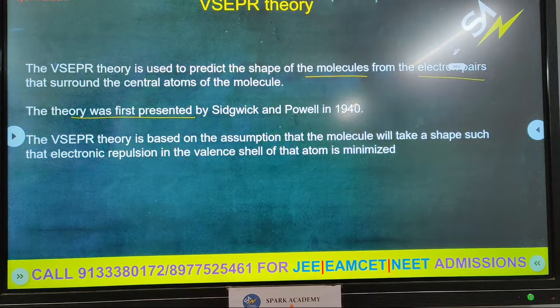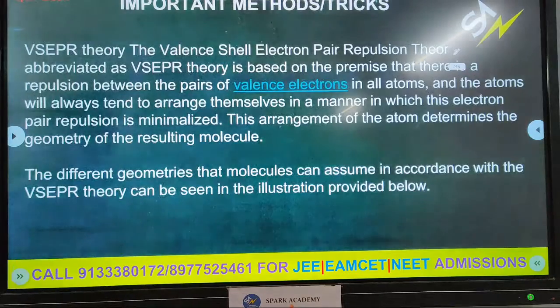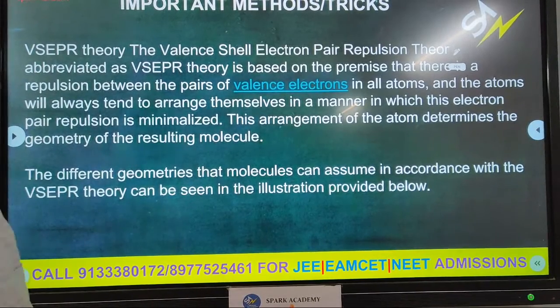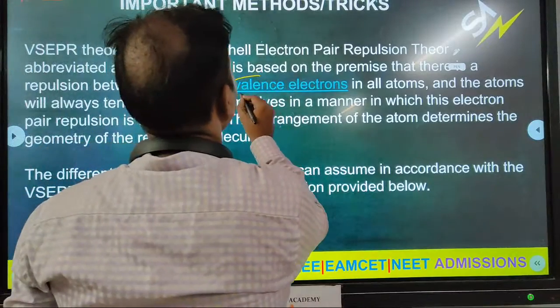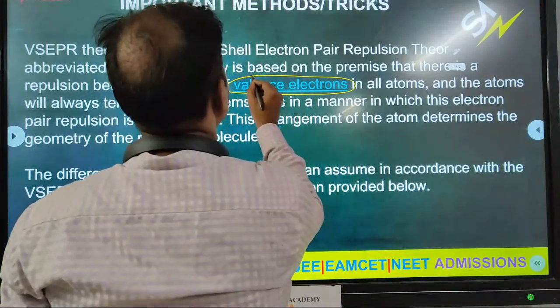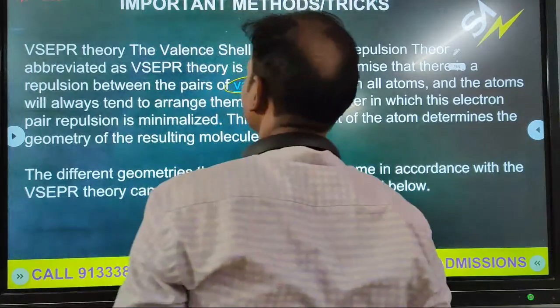The molecule will take a shape such that electronic repulsion in the valence shell of the atom is minimized. What are the main postulates of this theory? This theory depends on valency electrons.